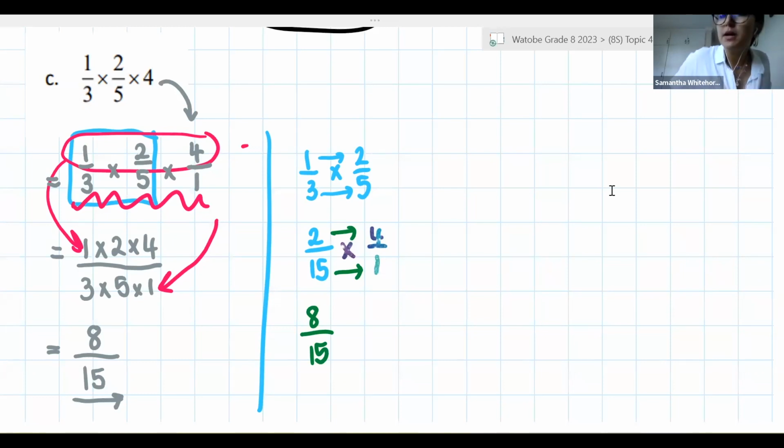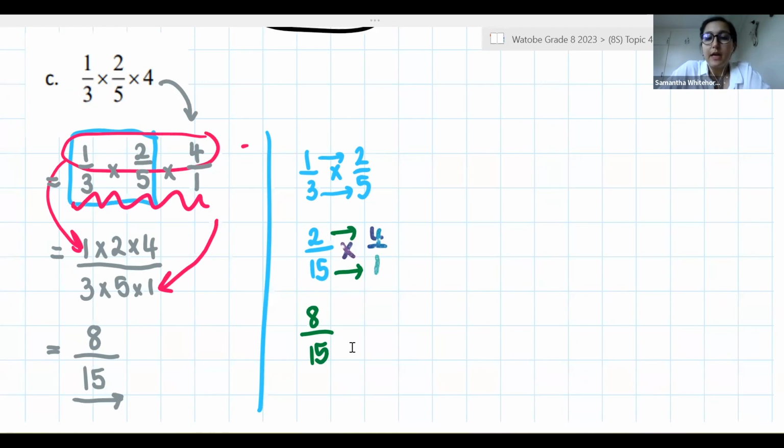So when we are multiplying and dividing with fractions, we don't need an LCD. An LCD or the same denominator is only important when we add or subtract. That question is very important. You do not find an LCD when you are multiplying or dividing, only when you add or subtract.